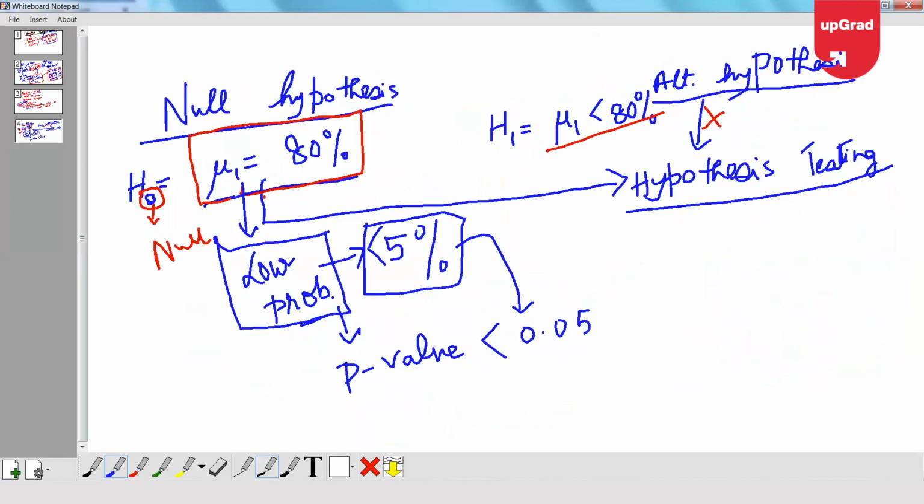So now, how do I do that? Using hypothesis testing, where we have a null hypothesis, we have an alternate hypothesis. So now let's take a scenario, and that will probably make things more clear.